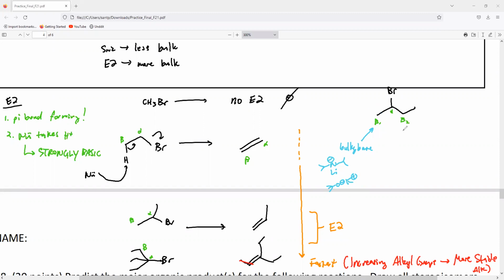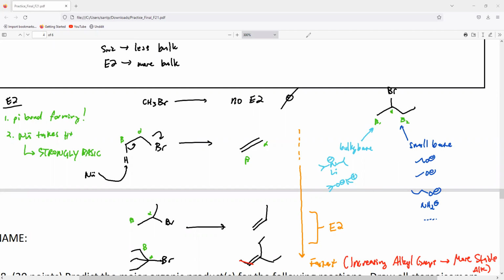If I want to attack on the more substituted beta, I can use virtually any other base, what we call small bases, usually ethoxides, methoxides, propoxides, NH2 minuses, anything that's not these 2. The list can go pretty long. So choosing which side attacks will just be based on whatever base is on your arrow.